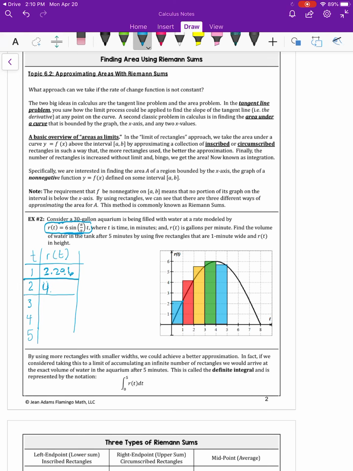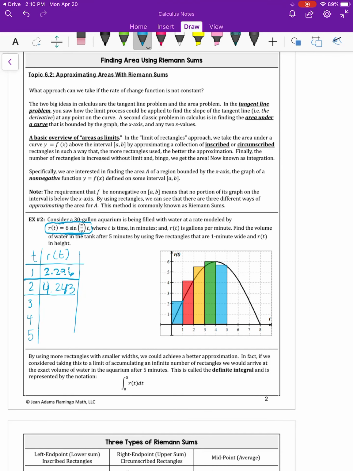At 2, we're going to take 6 times the sine of pi over 4, because when I put 2 in, I get 2 pi over 8, which is pi over 4. So 6 times the sine of pi over 4 is going to be 4.243. And when I look here, there's my 4.243 right there.